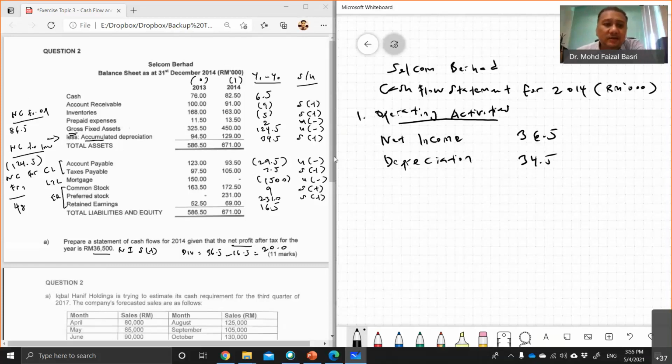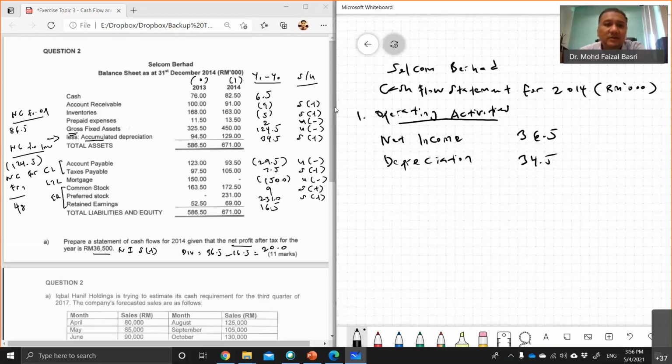Next, you go through all your current assets and current liabilities, but remember, we have to exclude some of the information, for example cash, marketable securities, and also notes payable, if any. For cash, we ignore it first. We're not going to record this in any of the categories.